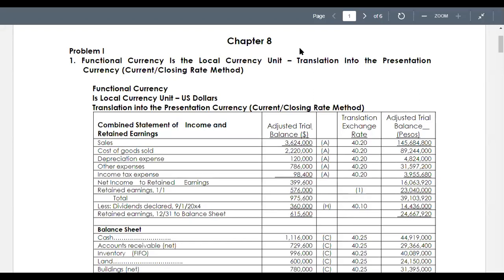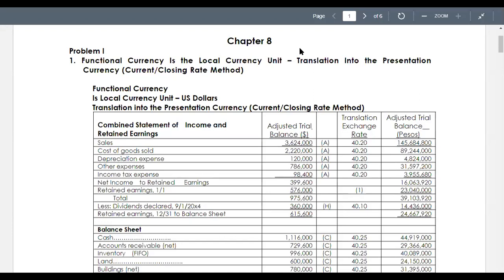However, due to the difficulty in determining the historical rates, then the average rates will be used. Now, that is the most practical method to use, the average or the weighted average, especially if these income and expense elements occurred evenly throughout the year.